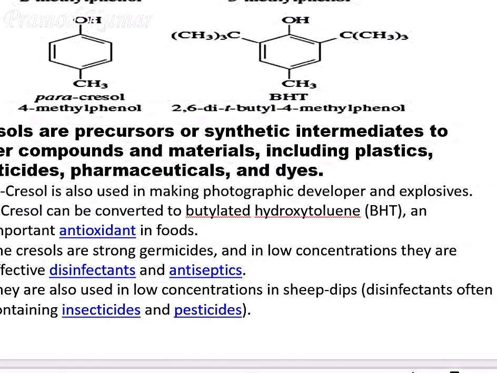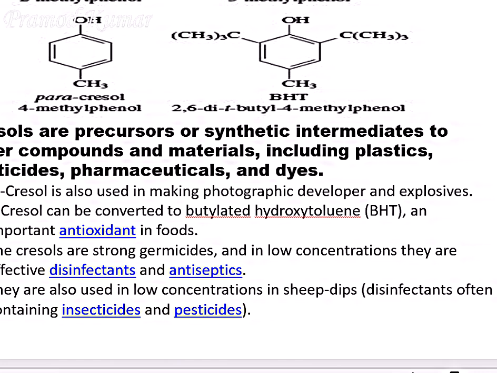BHT, if you see, contains a tertiary butyl group at the ortho position of your paracresol. That is BHT, 2,6-di-tertiary-butyl-4-methyl phenol, which is mostly used as a preservative and antioxidant.